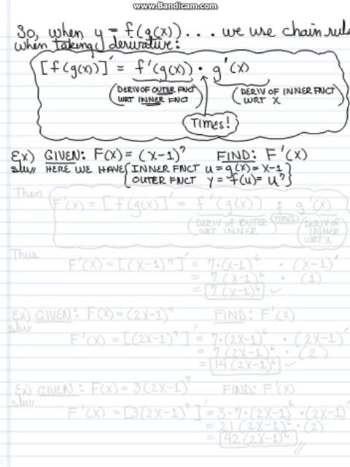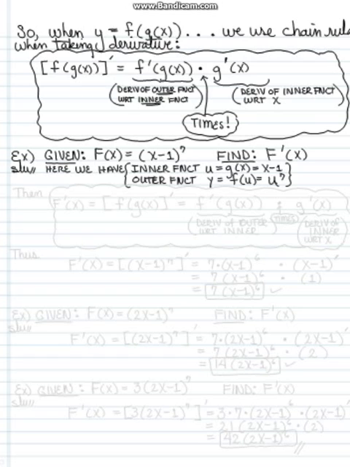Now at this point I'm going to pause the writing and apologize for ever introducing this ridiculous u and this ridiculous y. A lot of textbooks do this because they think it makes it easier for you to understand what's going on. But I wish I had never written it.